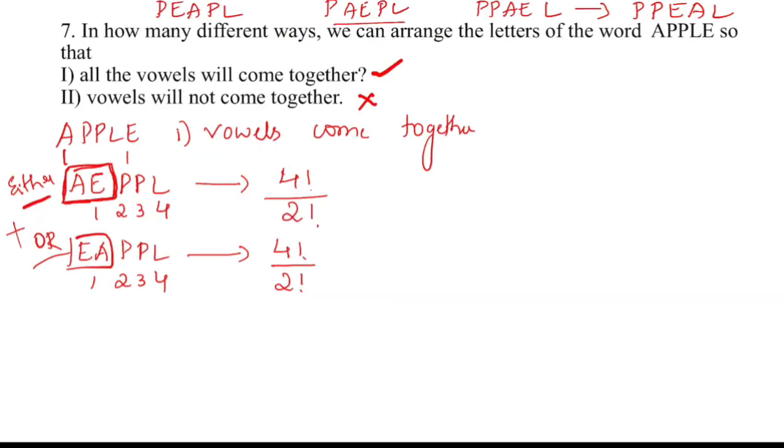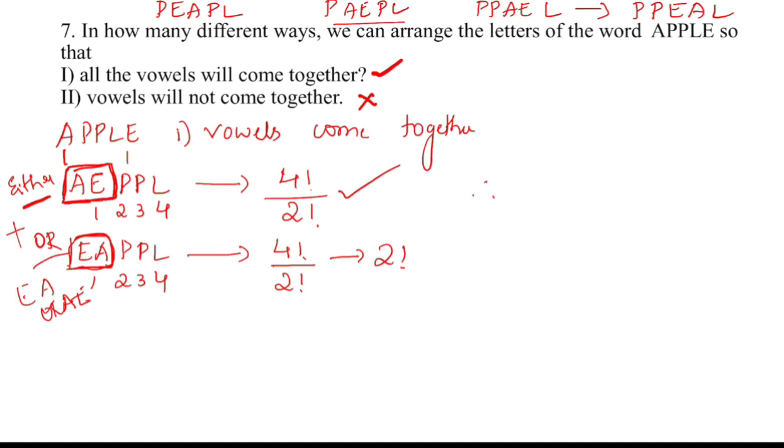So here also we can do like that. Now this is one condition where there is 4 factorial divided by 2 factorial, and EA within this box can be arranged as EA also or AE also. So the vowels can be arranged in how many ways? 2 factorial ways, isn't it?